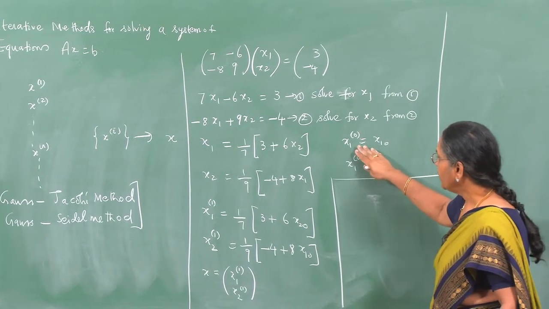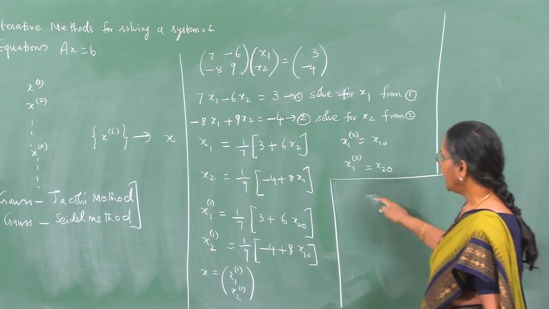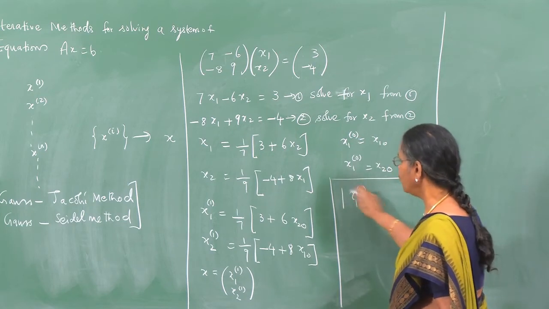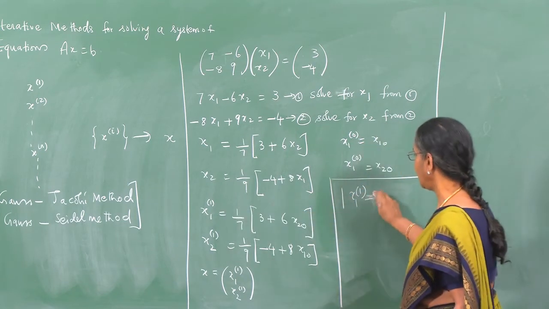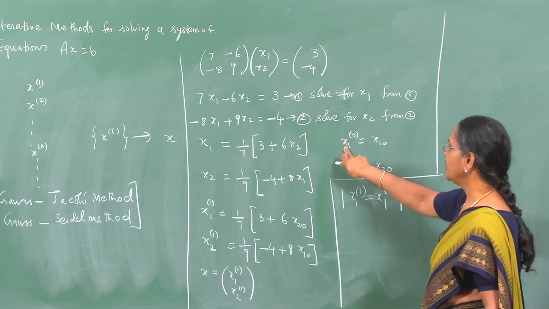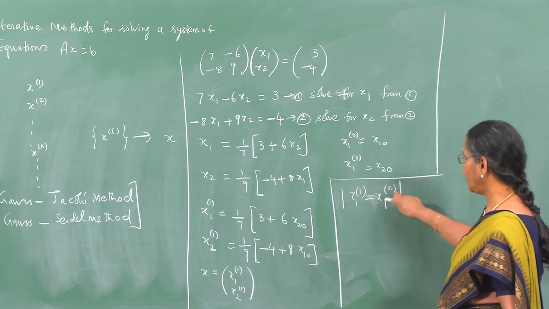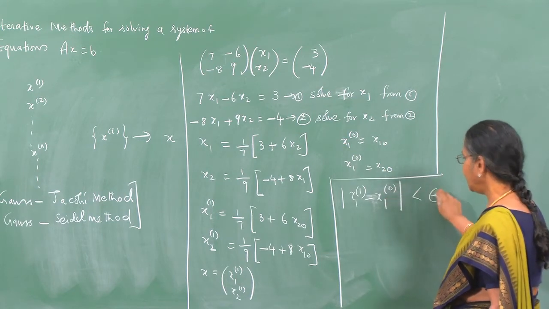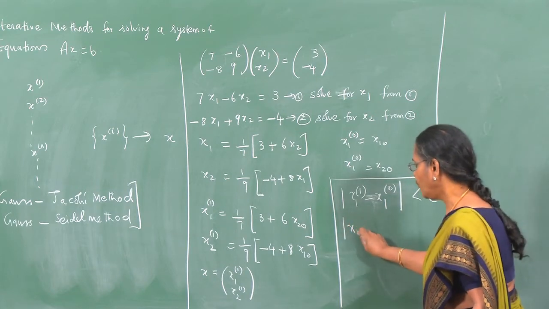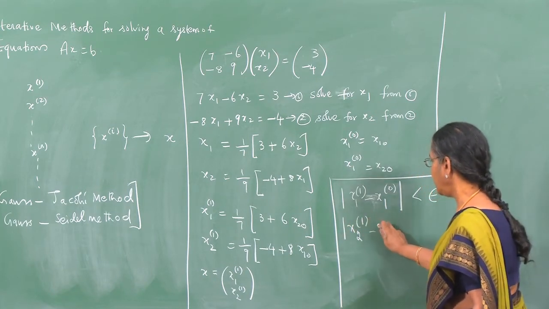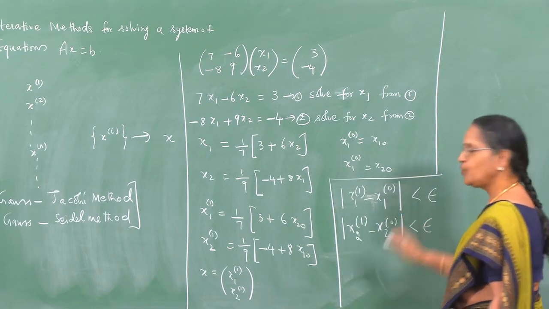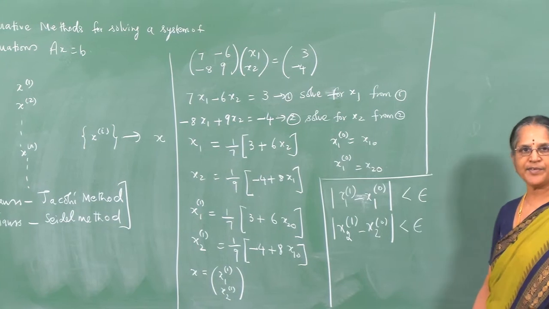Before continuing my iterations, I check whether the absolute value of x1^(1) - x1^(0) is less than the prescribed error tolerance epsilon, and I do that also for the second variable, namely |x2^(1) - x2^(0)| < epsilon.